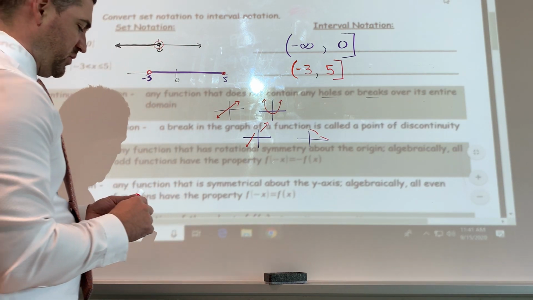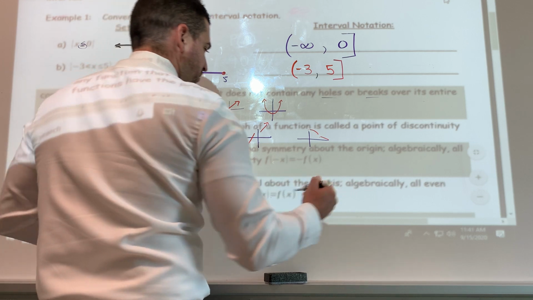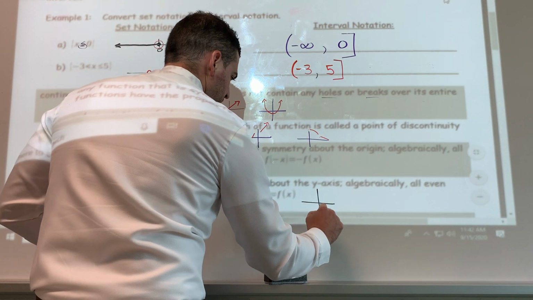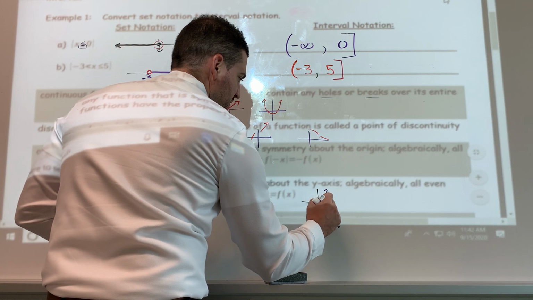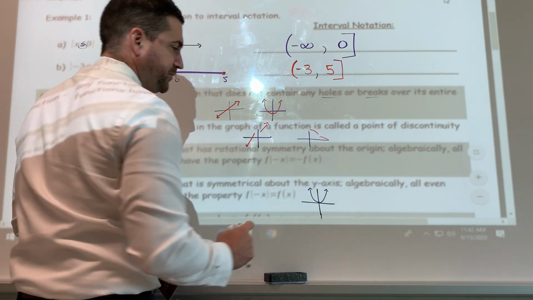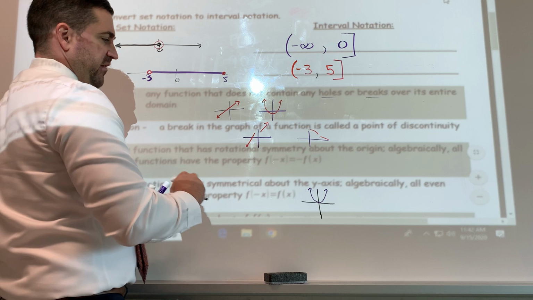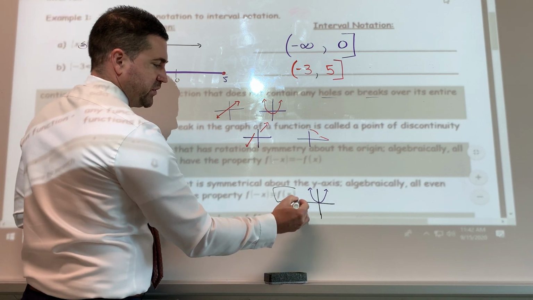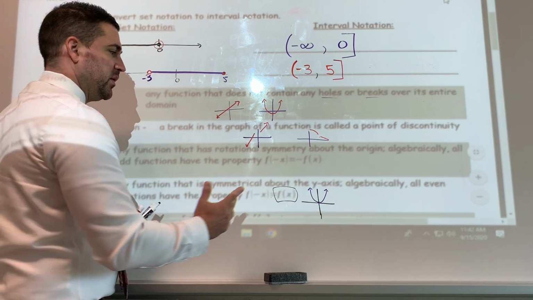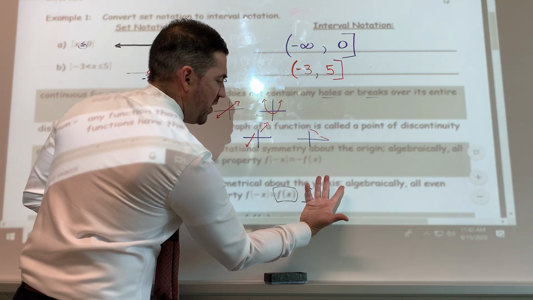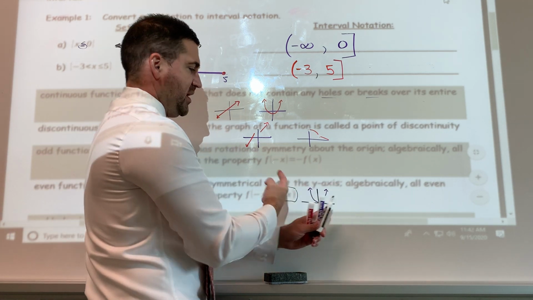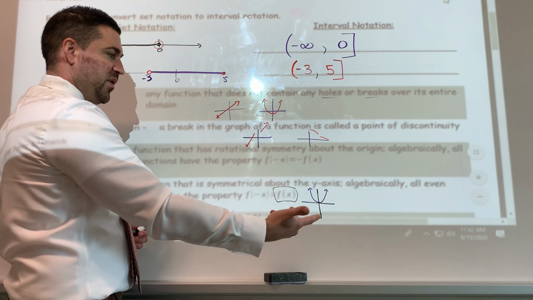So let's see how this would work. So if I had a quadratic and a very base function, it looks like this. So that's the parent function here. If I were to flip this over the y-axis, it would actually make the same graph.